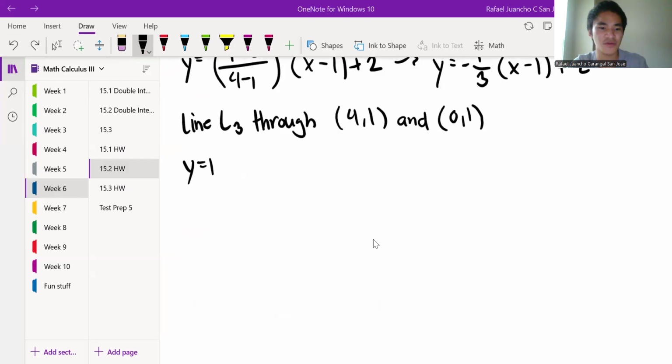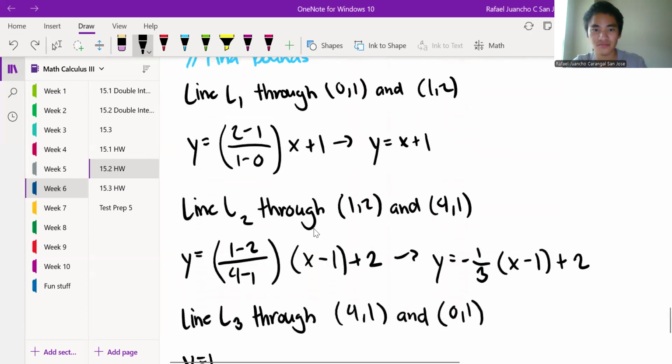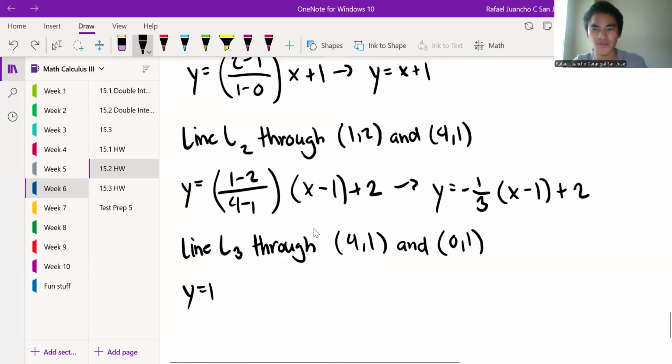And then what are we going to do with those? Now we basically want to set up a double integral with the appropriate limits, right? So how am I going to do this? Well, we need to find bounds.